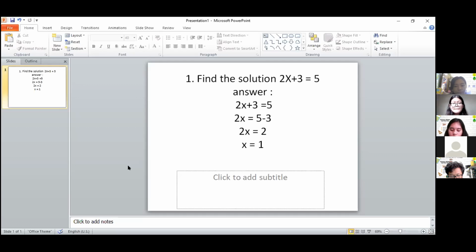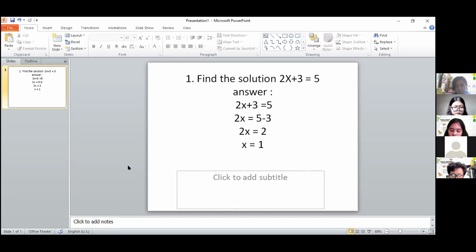Maybe you can write step by step the reason why 2x plus 3 equal 5 becomes 2x equal 5 minus 3. There are some algebra properties, I think. For example, you can write 2x plus 3, that's minus 3. On the left side, we add minus 3.